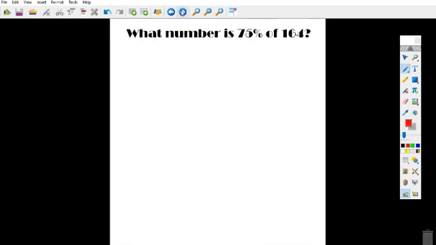All right, let's try this one. What number is 75% of 164? So my number, we're going to call it N. Is, remember that's equal, to 75%, but I want to write that percent as a decimal. I move it 2 spots. We have 0.75.